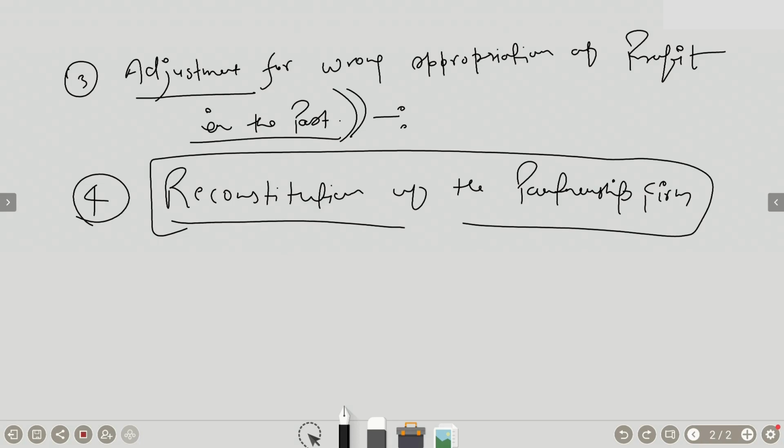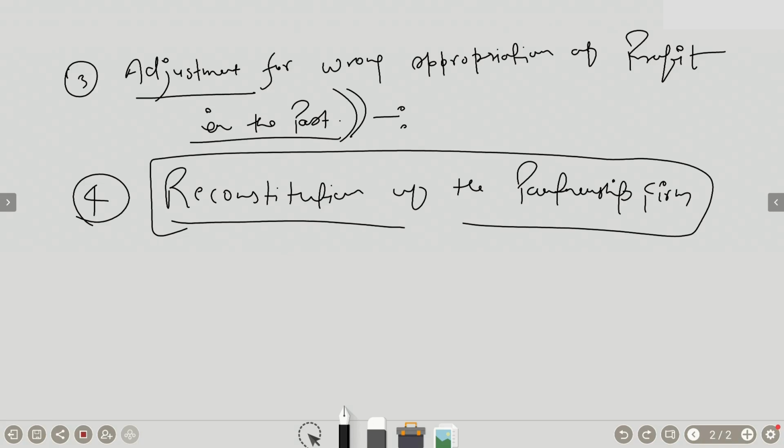Initially, they share profit equally, 1:1. Now, Amit and Rohit decide that from now onwards, all the activities and burdens of the business will be carried by Amit only.